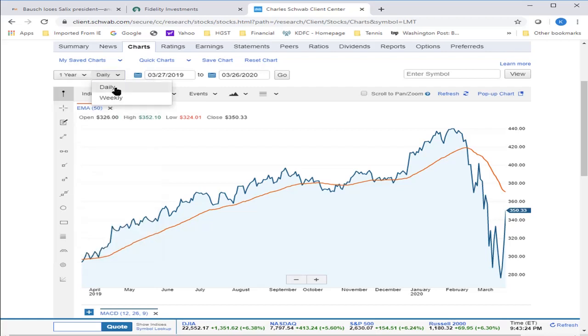In this case, for 1 year, daily and weekly is available. If you want a shorter time frame, such as 2 weeks or 10 days, you can get them down to the minutes and hours. If you go much further, like 10 years or so, you'll probably not have the daily, but you'll have weekly and monthly.